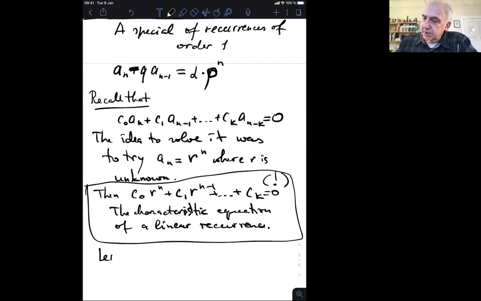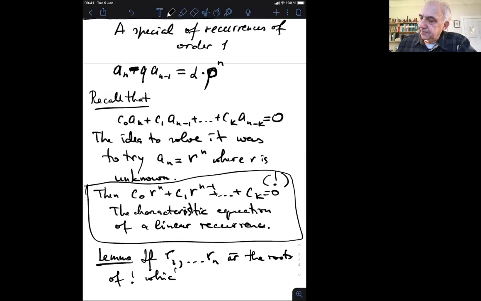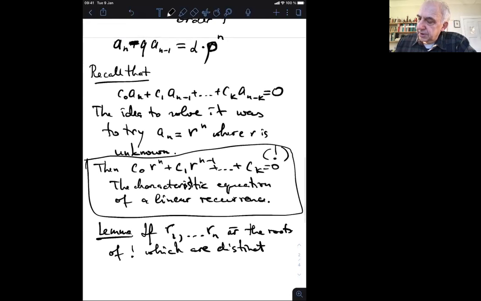We had a small lemma: if r_1 through r_k are the distinct roots of the characteristic equation, then the general solution a_n is given by alpha_1 r_1^n plus alpha_2 r_2^n plus and so on plus alpha_k r_k^n.